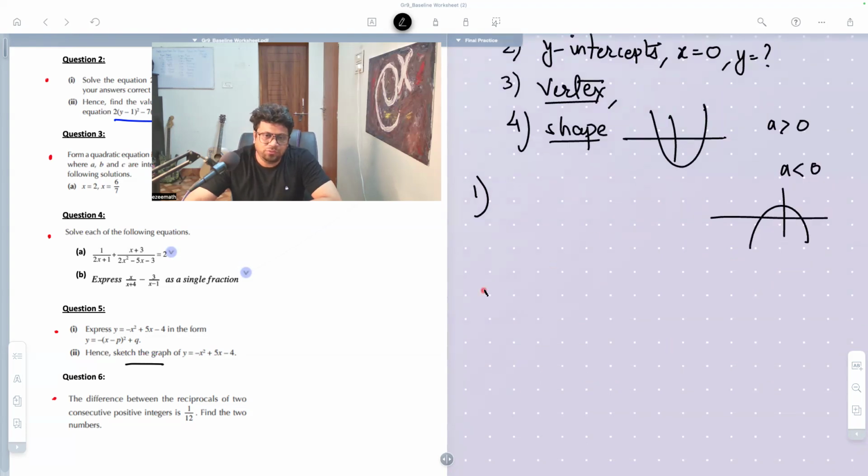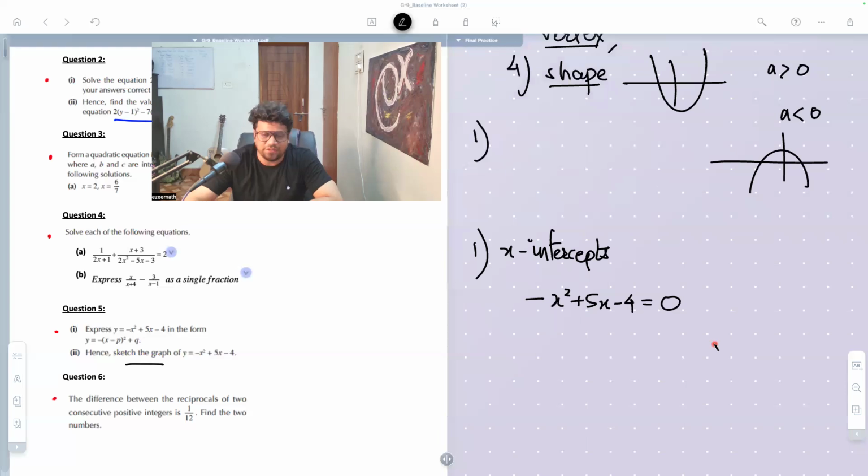Okay, let's do the first part, which is about x-intercepts. Negative x square plus 5x minus 4, that's your quadratic. Equate that y to 0. Split the middle term. You get 4x plus x minus 4 equals 0.